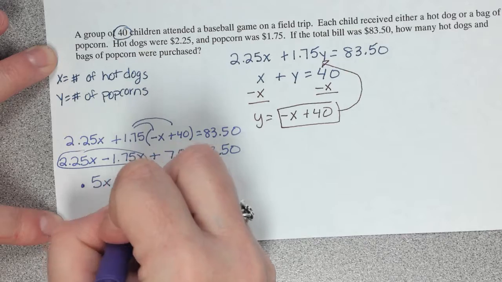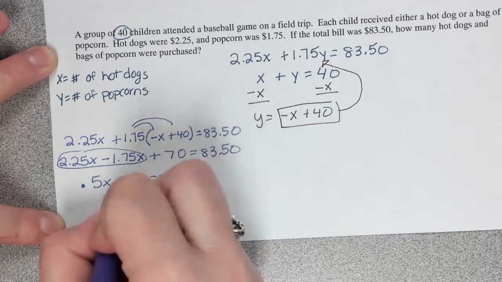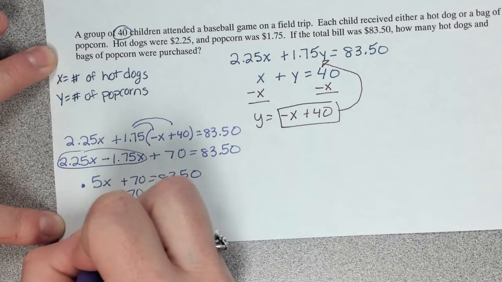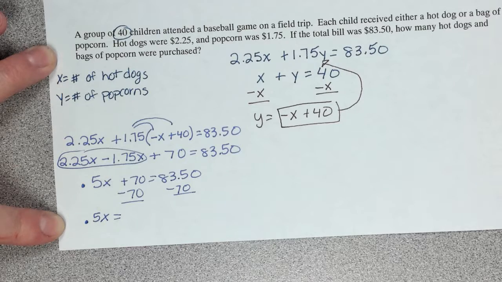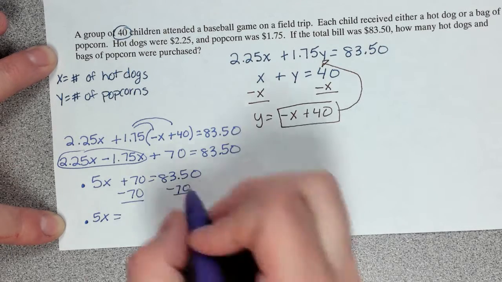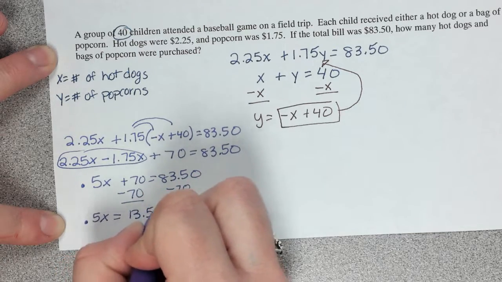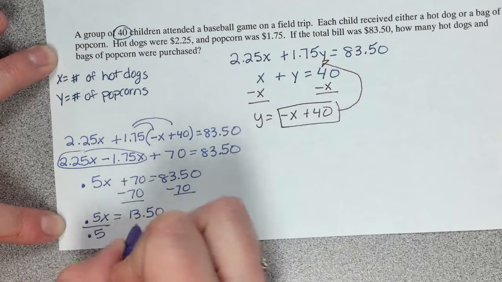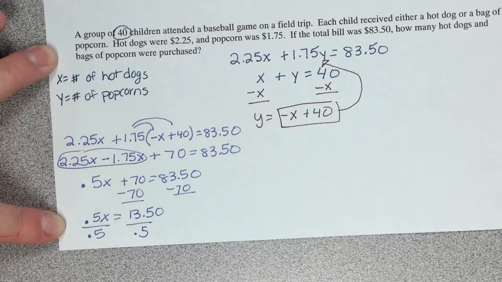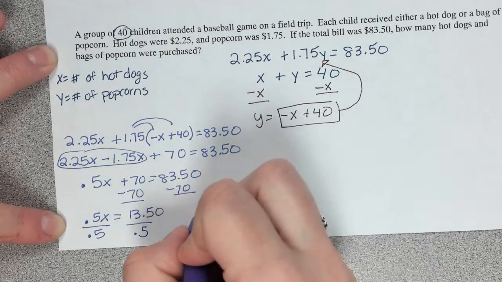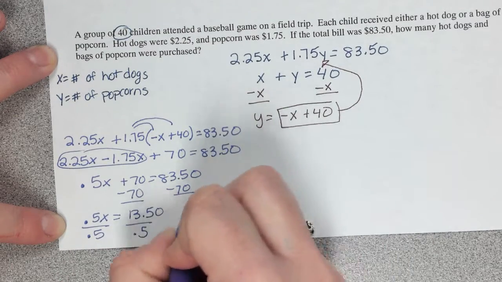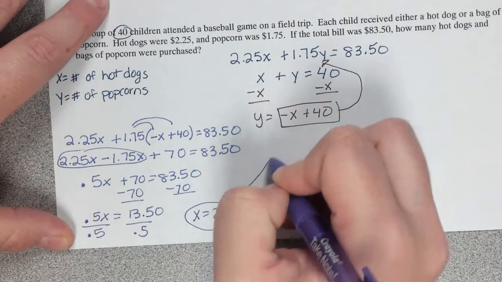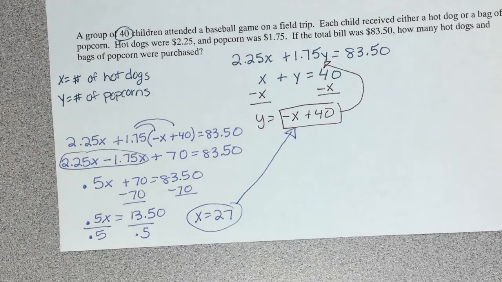I'm going to subtract 70 from both sides. So 0.5x is equal to, should be 13.50, but I'm going to verify just so I don't get it wrong. And I'm going to divide both sides by 0.5. And x is equal to 27. Now remember, Jack has to go back in the box to figure out what I'm doing here, right?